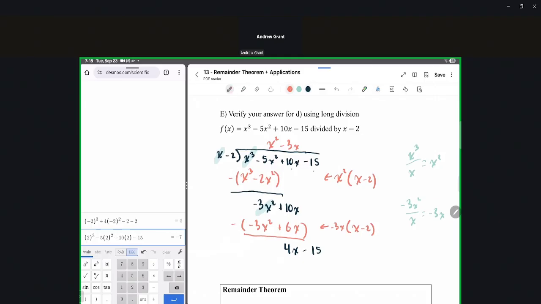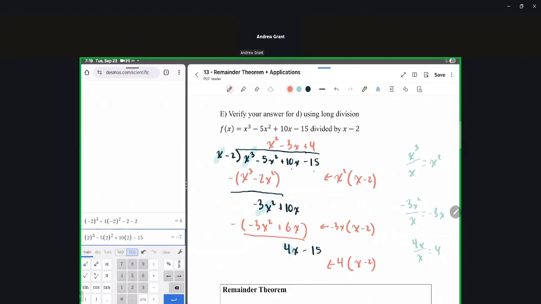Okay. So last thing we'd like to do is ask ourselves, how many times does x go into 4x? Or we could say 4x divided by x will be equal to 4. And that's just a regular 4, so we'll add plus 4 up there. On this line, we take 4 multiplied by x minus 2.